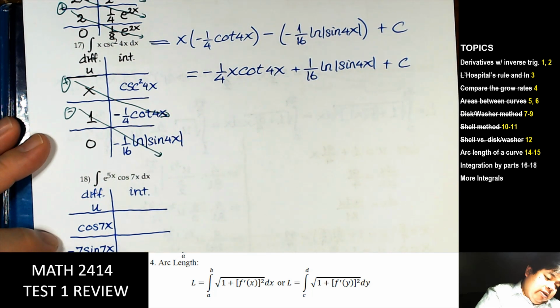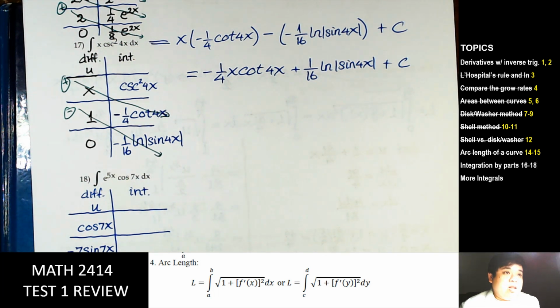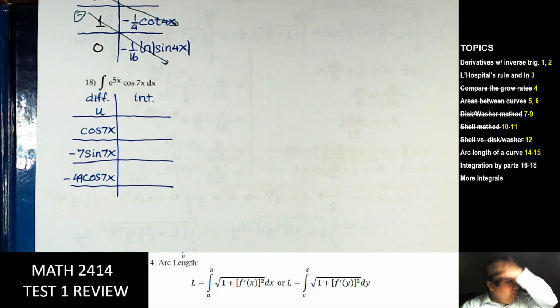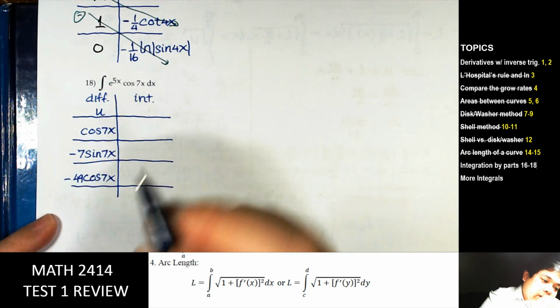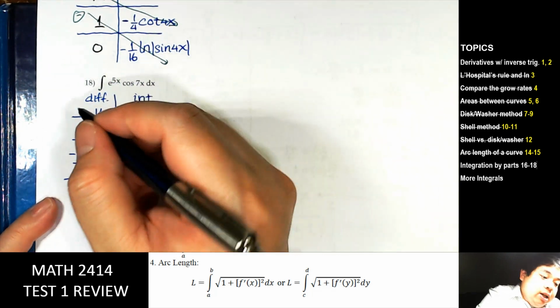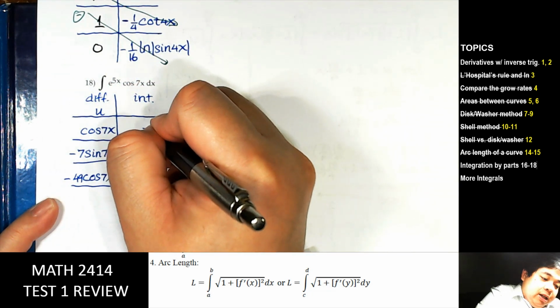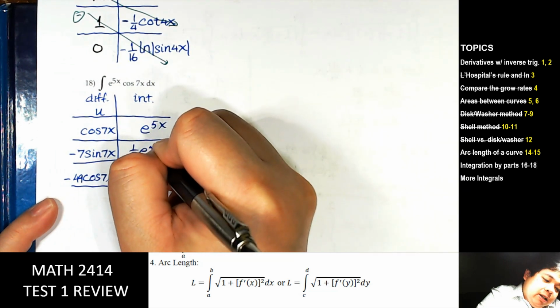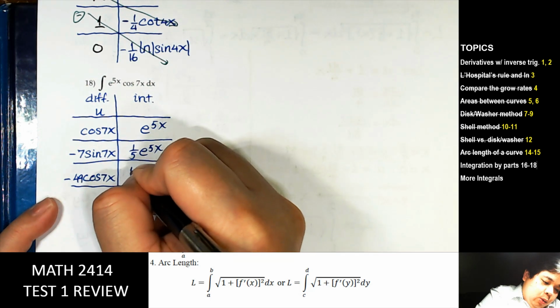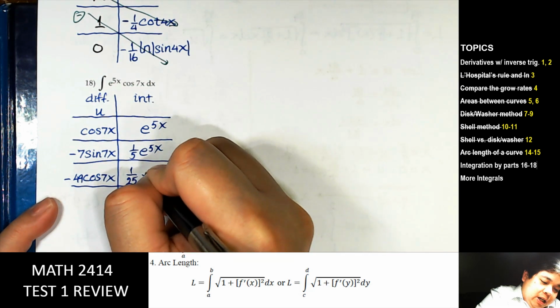Then there will be another 7, so negative 49 cosine of 7x. Integration, we can keep going, but we will not do that. e to the 5x, 1/5 e to the 5x, 1 over 25 e to the 5x.